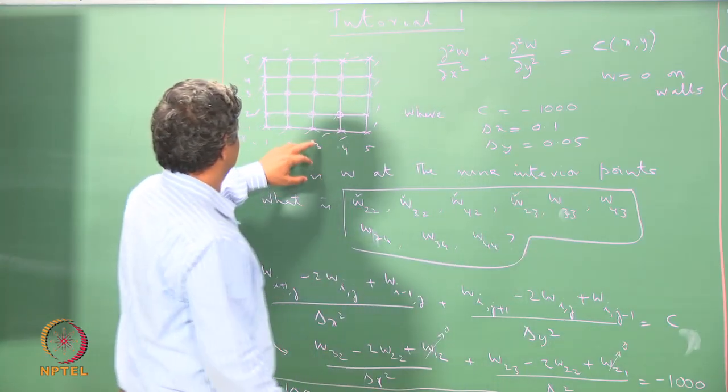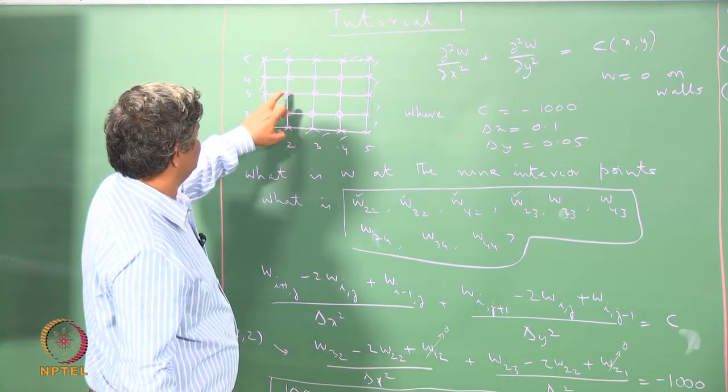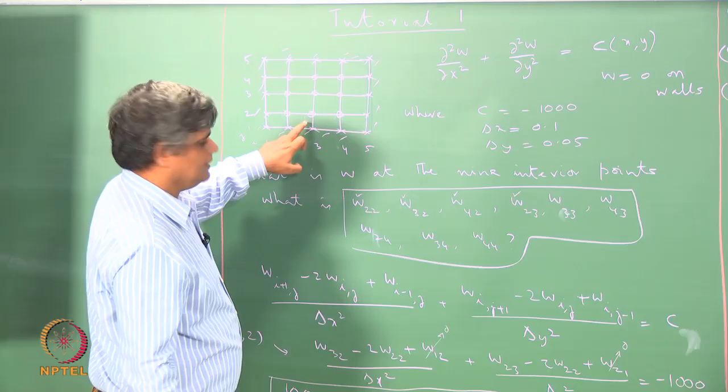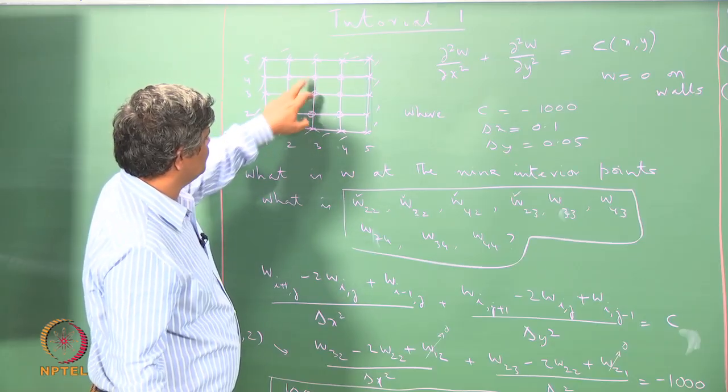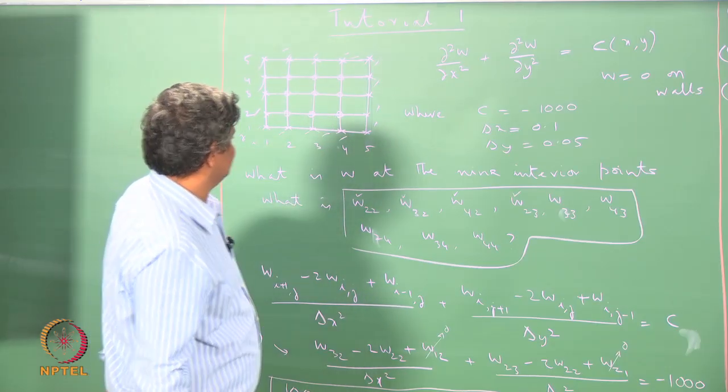And so W33 is this point here. So we have 100 of this, 100 of this, 400 of this, 400 of this, 1000 minus 1000 here.